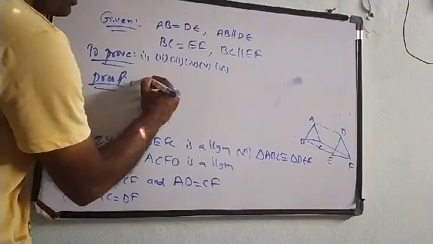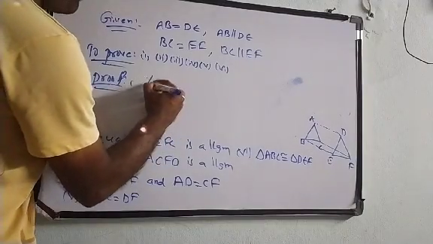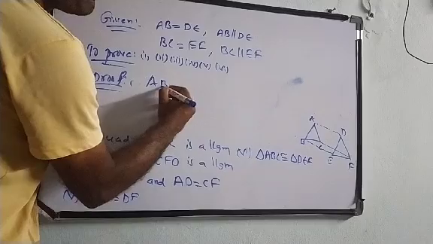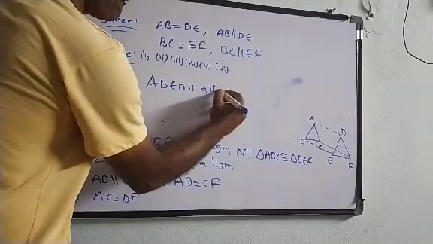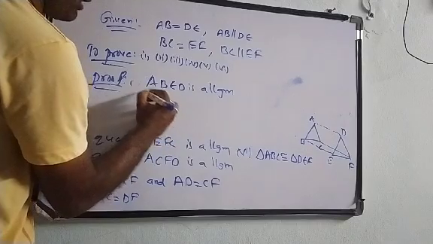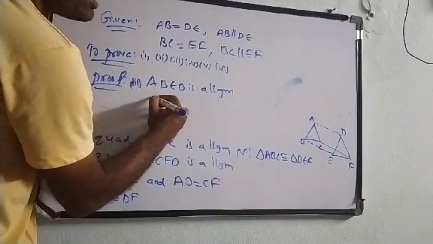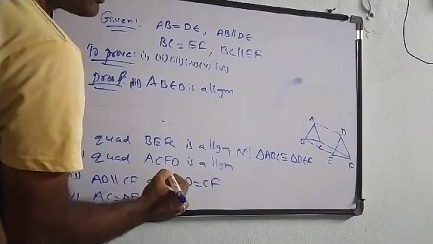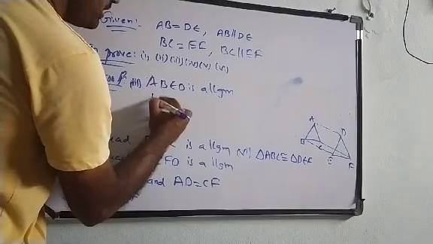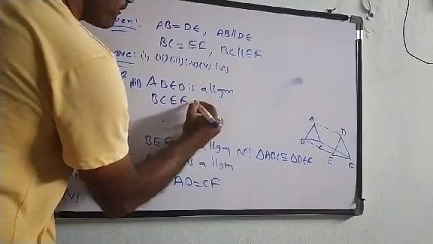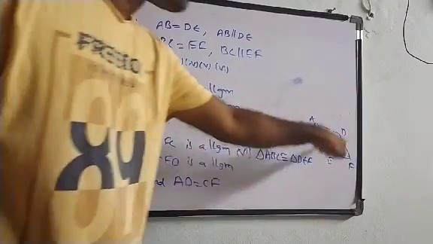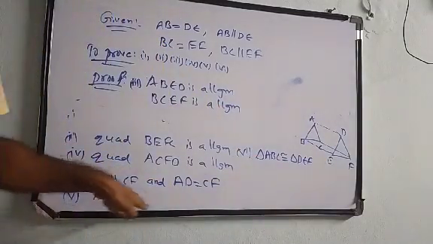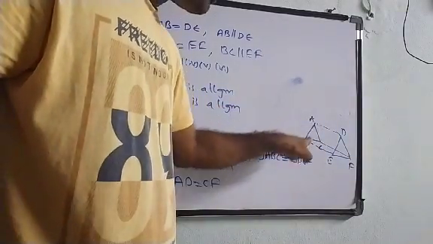So from 1 and 2: in the first one we have proven that ABED is a parallelogram, and in the second we have proved BCEF is a parallelogram. So if these two are parallelograms, then we need to prove that AD is parallel to CF.